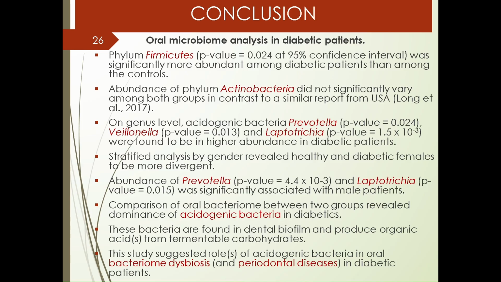So in conclusion, as I mentioned, at the genus level, the acidogenic bacteria Prevotella and Veillonella are increased in diabetic individuals. They are so-called acidogenic bacteria, so they produce organic acid after fermentation of sugar, and this organic acid is involved in dental biofilm degradation and other periodontal diseases in the mouth.